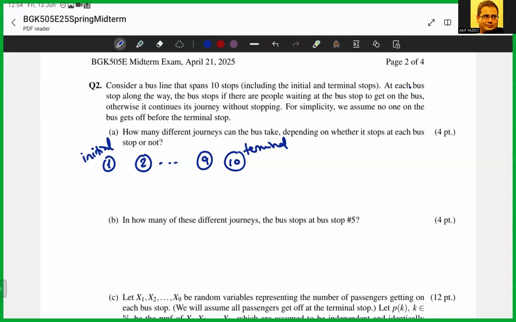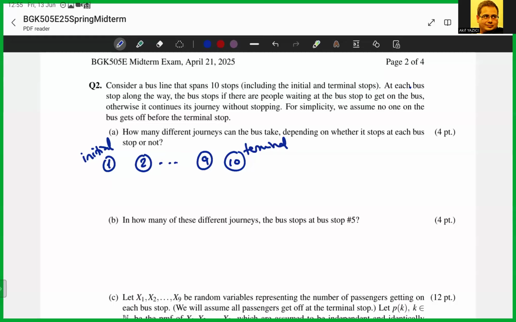That's the idea. So the question in part A is, how many different journeys can the bus take depending on whether it stops at each bus stop or not? So how many different patterns can you have where, let's say, stop number 2 it does stop, stop number 3 it doesn't stop, stop number 4 it doesn't stop, and so on.